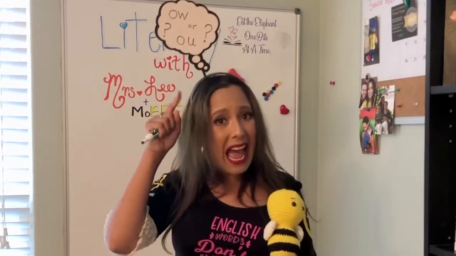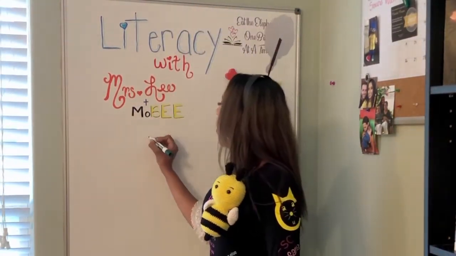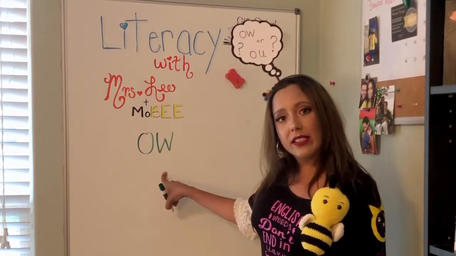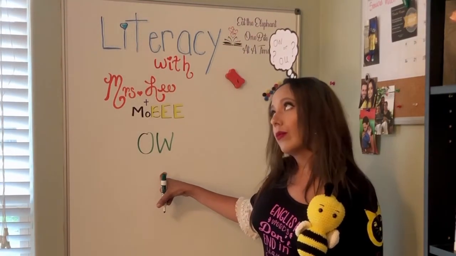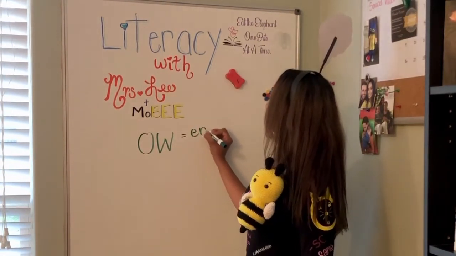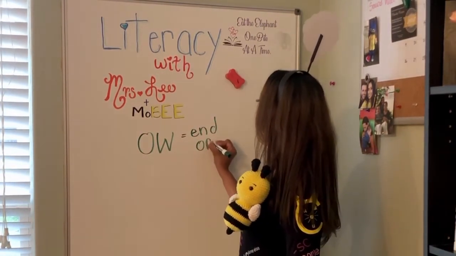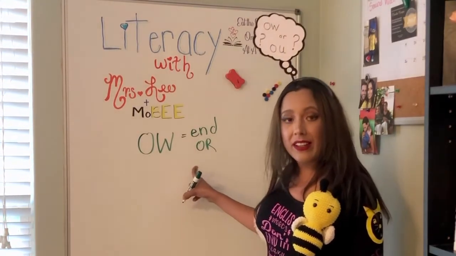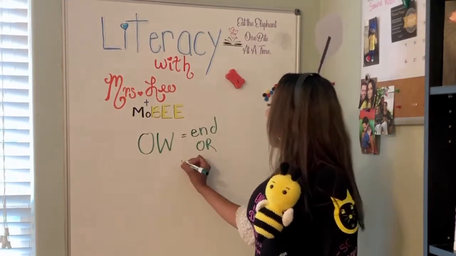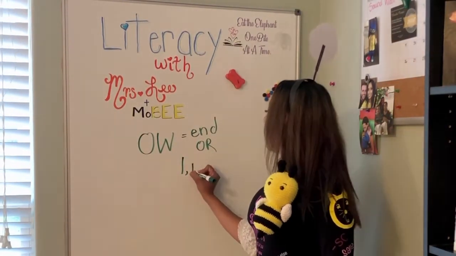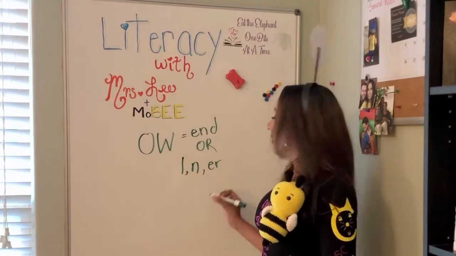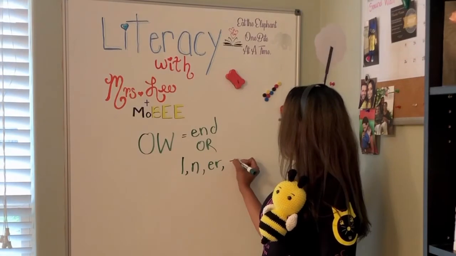Ow is spelled with an O-W. When is it spelled with an O-W? Good. At the end of the word? Or, remember that exception? If the ending letter or letters are L, N, ER, EL.